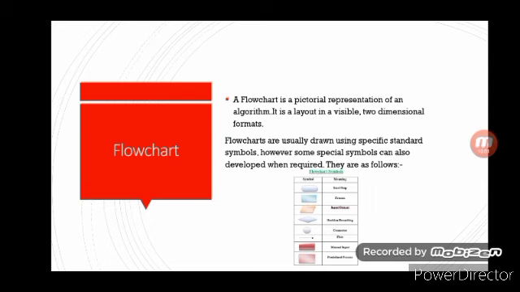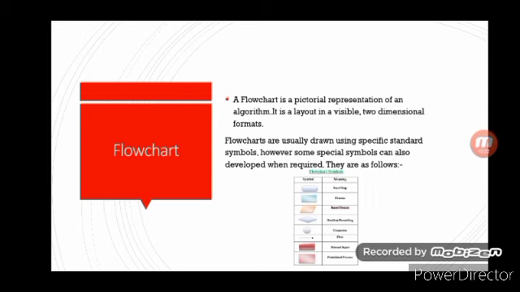You can see the traffic symbols in traffic to stop, go, move, left, right. This is a pictorial representation which any person can easily understand. That's why flowchart is given in C language.